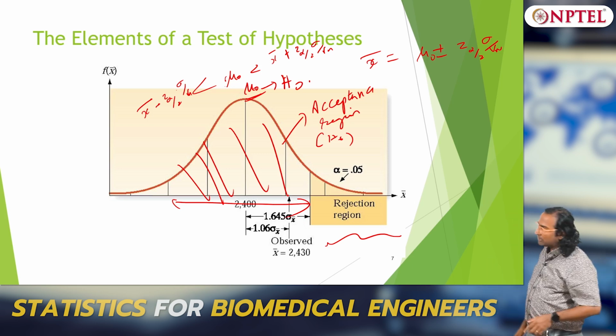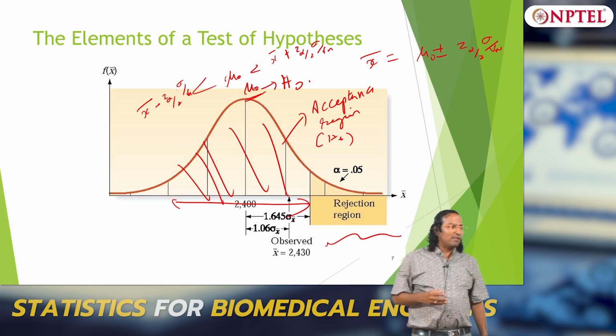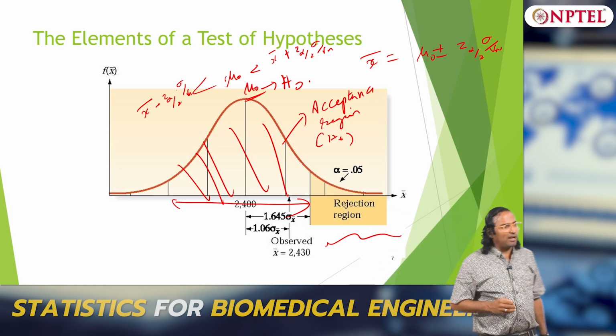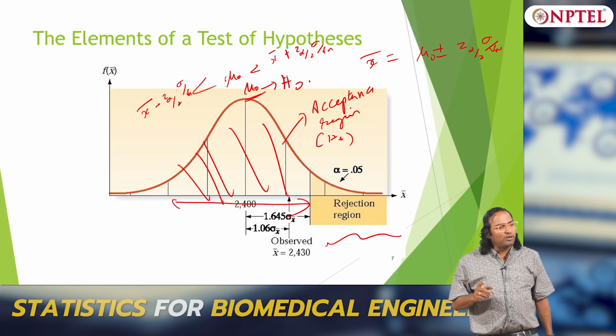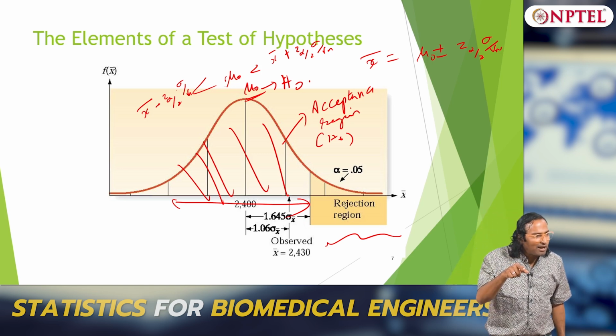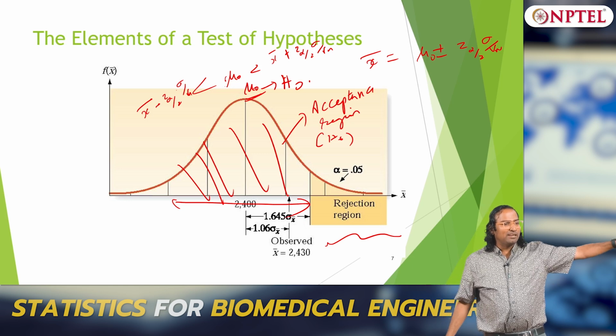So your acceptance and rejection regions, and therefore your value of Z alpha, will change. Alpha by 2 will become alpha if it is a one sided test, because I do not care about the other region.